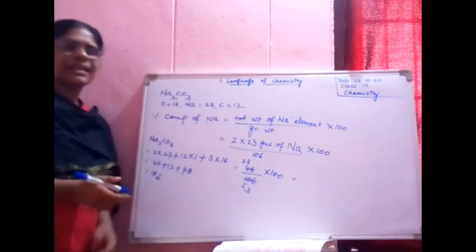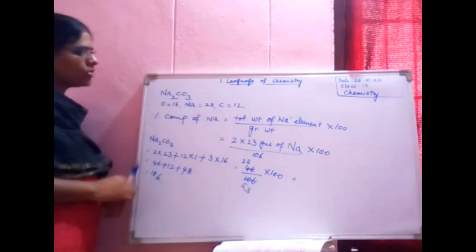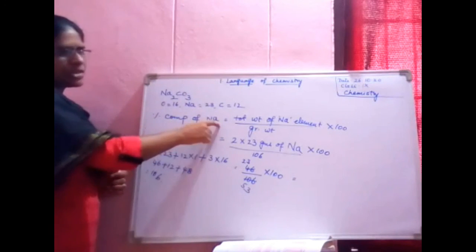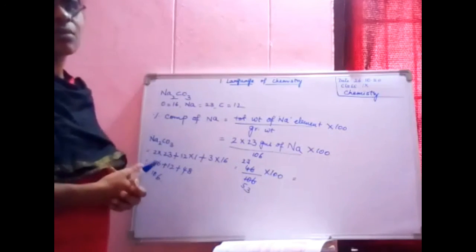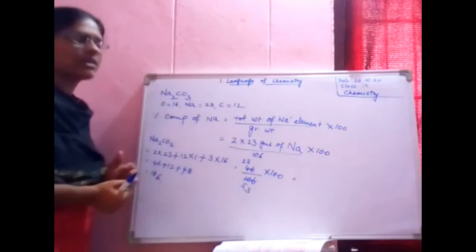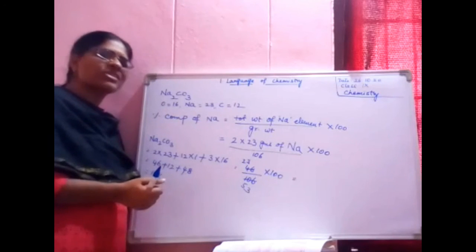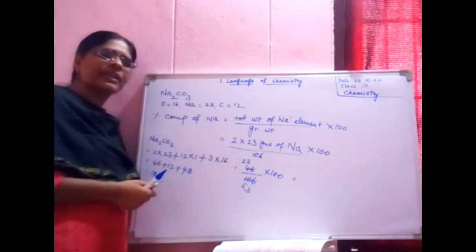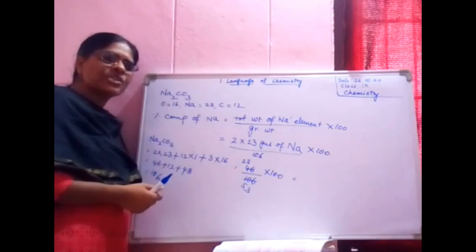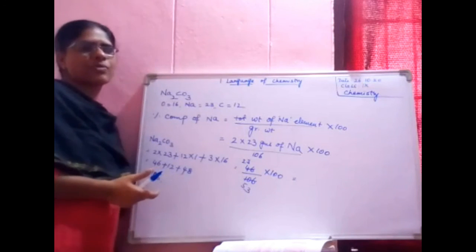Now in the exam, they may ask you, in the given compound, calculate the percentage composition of sodium. They may also ask you to calculate the percentage composition of carbon, or the percentage composition of oxygen. Like this we need to find the percentage compositions of different elements in the given compound.